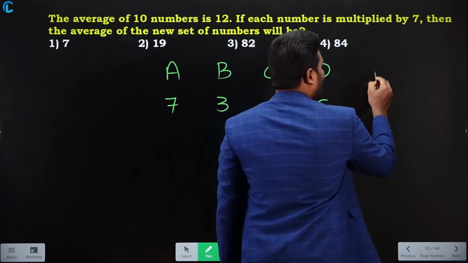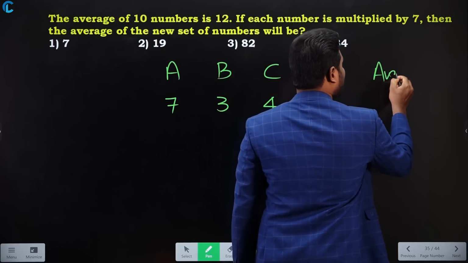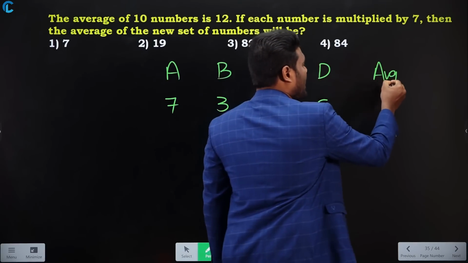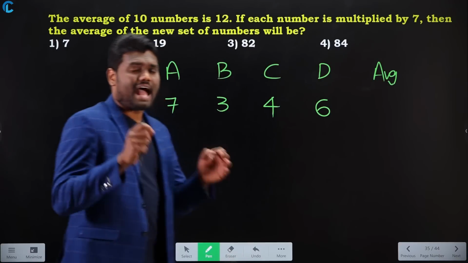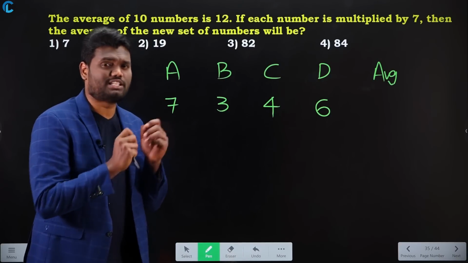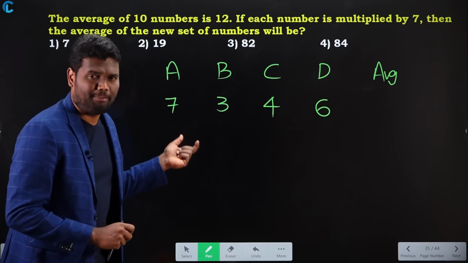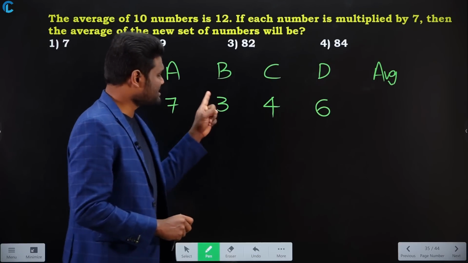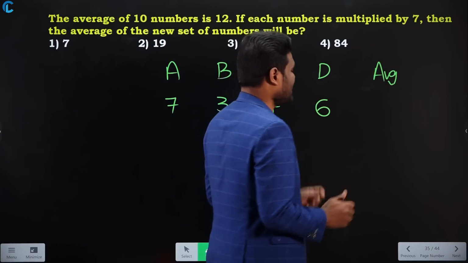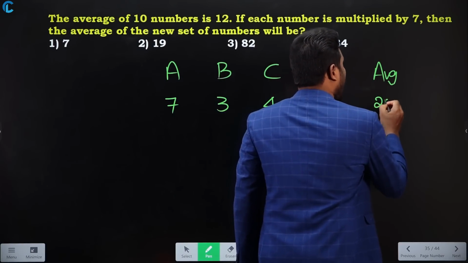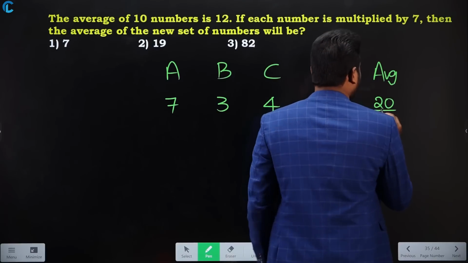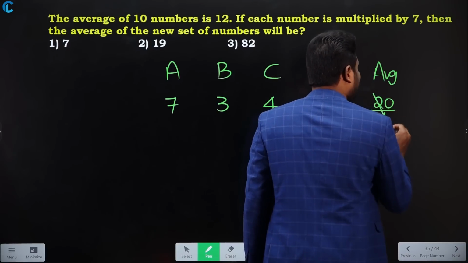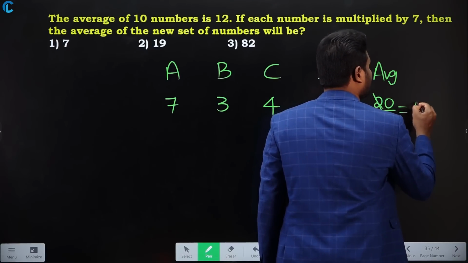If I ask you what is the average of all these persons, the sum of apples is 7 plus 3 plus 4 plus 6, that is 20. And the number of persons is 4. Now we can say that the average is 5.